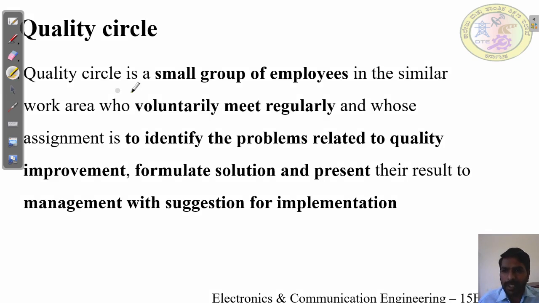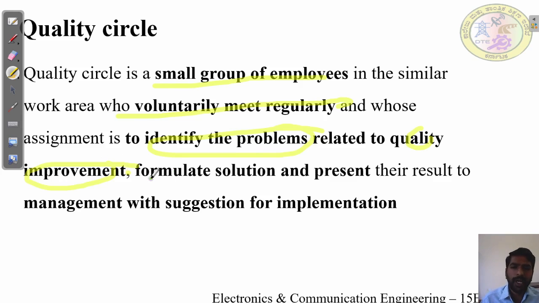That means a group of small numbers of employees from a similar work area who voluntarily meet regularly. Their main assignment is to identify problems related to quality and improvement. How will they improve? They will find the solution for this problem.